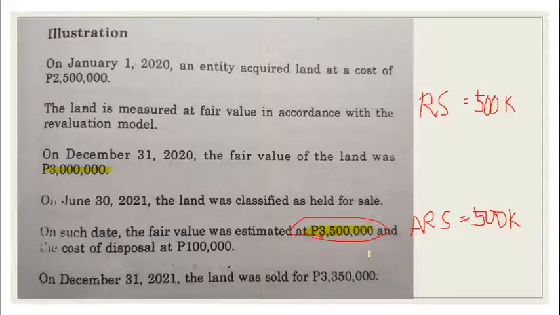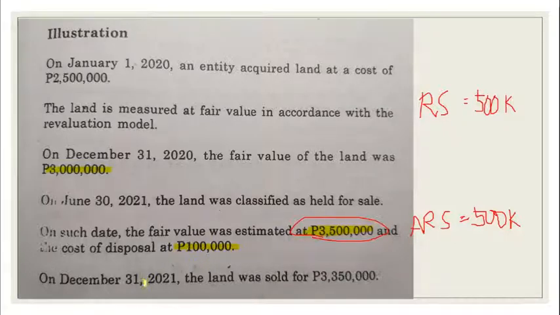Aside from that, in your June 30 entries you also need to record the cost of disposal. Remember, your cost of disposal is recognized as an impairment loss. So you debit impairment loss and credit land held for sale, since it is a deduction to your HFS, in the amount of 100,000.